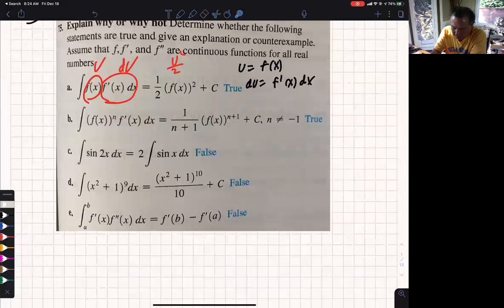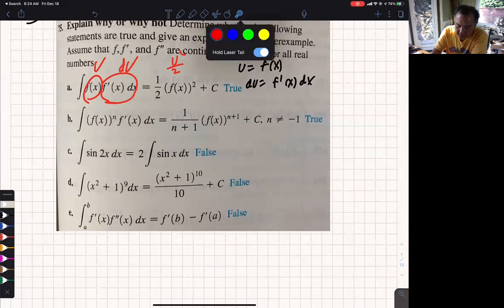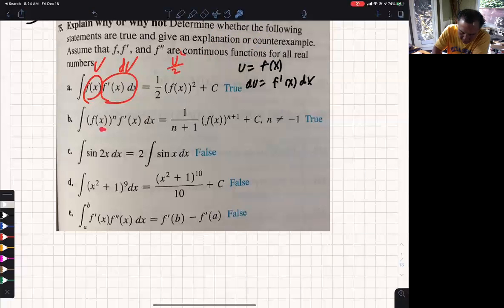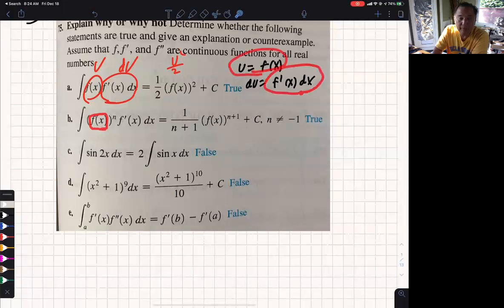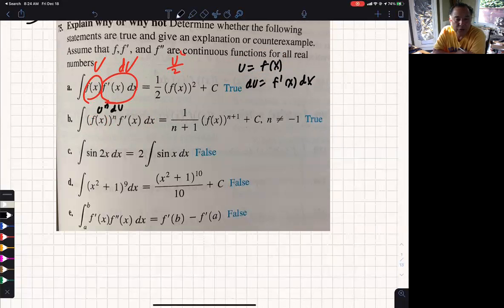The next one, it's a very similar thing. It's another u sub. The function inside of another function, I always tell you, is a good candidate for u. So if you make that u, du would be f prime of x dx. Look, f prime of x dx is du. Okay, so what you end up with is u to the n du, and use the power rule.